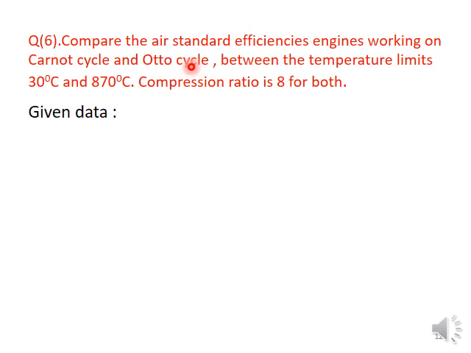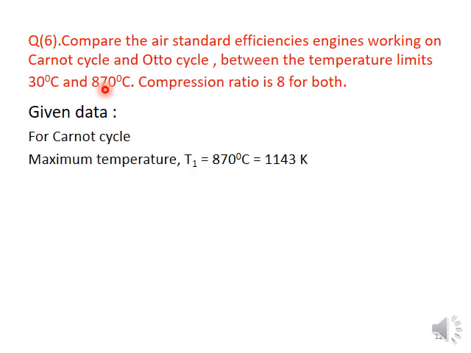The temperature limits: out of the two, 30 degrees and 870 degrees centigrade, the maximum temperature is 870 degrees centigrade, that is T1. T1 is equal to 870 degrees centigrade, 870 plus 273 is 1143 Kelvin.